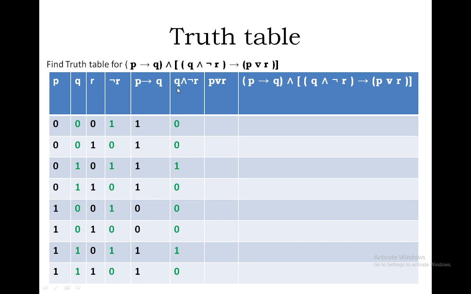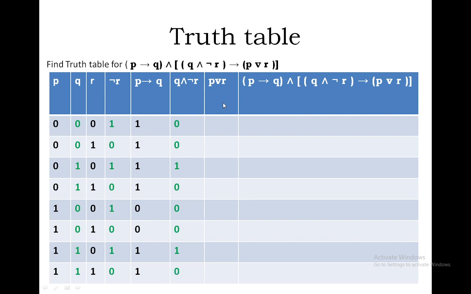Only one possibility, that is when Q is 1 and negation of R is also 1. Only in that condition, Q and negation of R is going to be 1. So look at such combinations: 1 1 gives 1, and one more possibility, 1 and 1 gives 1. The rest of all values are 0.